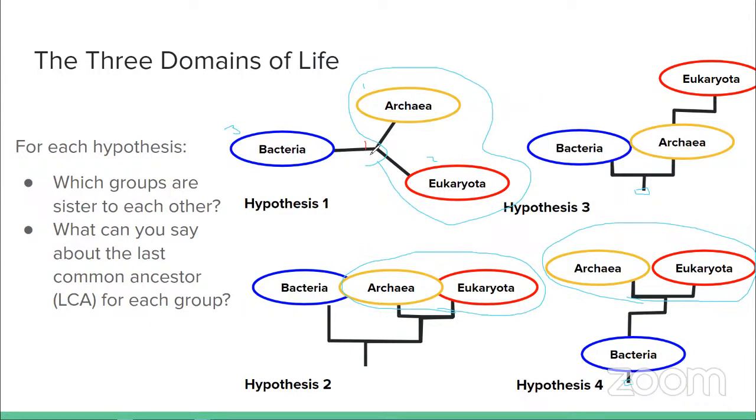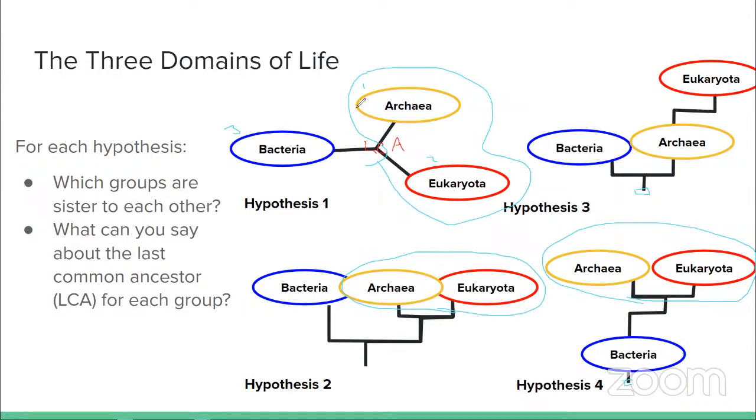Yeah, I just put it in the center, right? So in this hypothesis, we're seeing them all branching separately from this last common ancestor. So the implication here is that we had a last common ancestor that was none of these 3 things exactly, but they all separated out from something that was kind of in between, something that was older and different enough from all of these so that it's not fair to group it with any one of them.